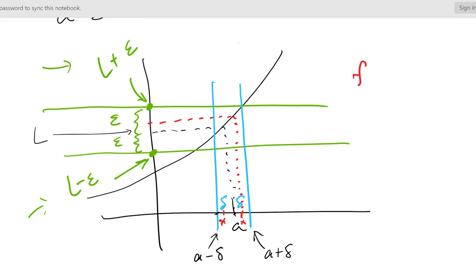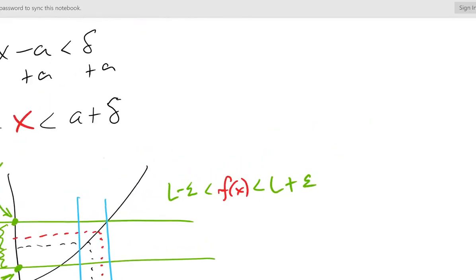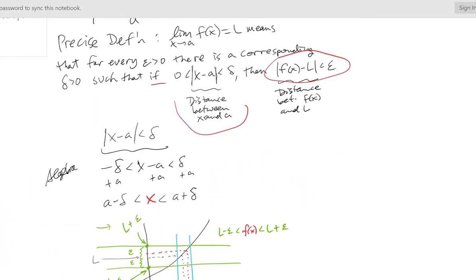That means that f of x is going to be between L plus epsilon and L minus epsilon, okay? That's another way of writing this piece here, okay? So just study that. And that's how this works. That's the precise definition of limit, okay?